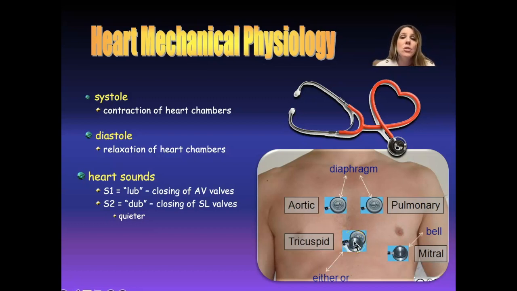Fourth intercostal space means between the fourth rib and the fifth rib. Listening just to the left of the sternum will allow you to hear the S1 sound regarding the closing of the tricuspid valve.